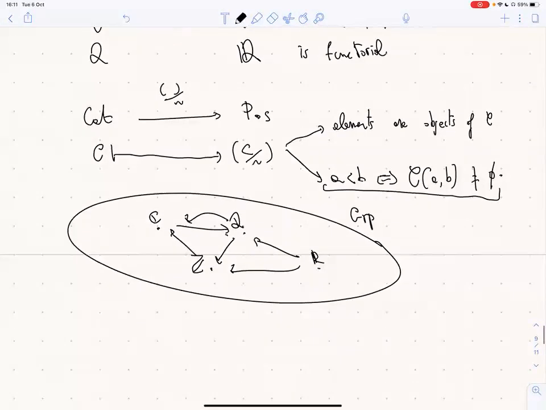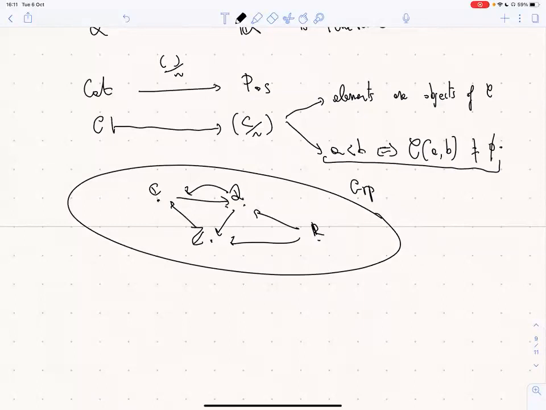So in this case, this component would be just one point, which is the same as R, the same as Q, the same as C. So this is not a very interesting poset because in this case, this category is very rich in morphisms. And so this construction is extremely stupid.